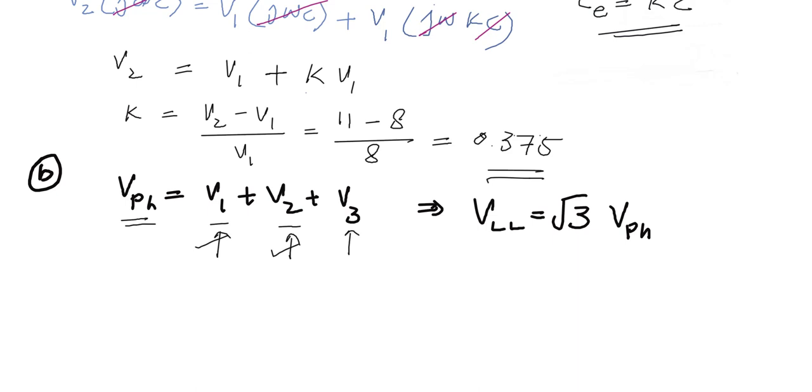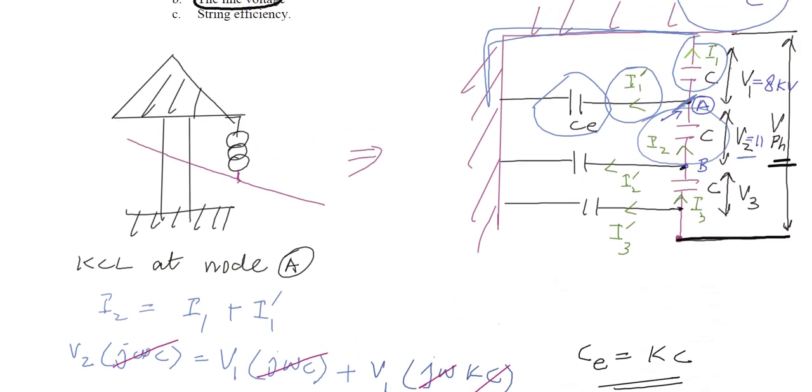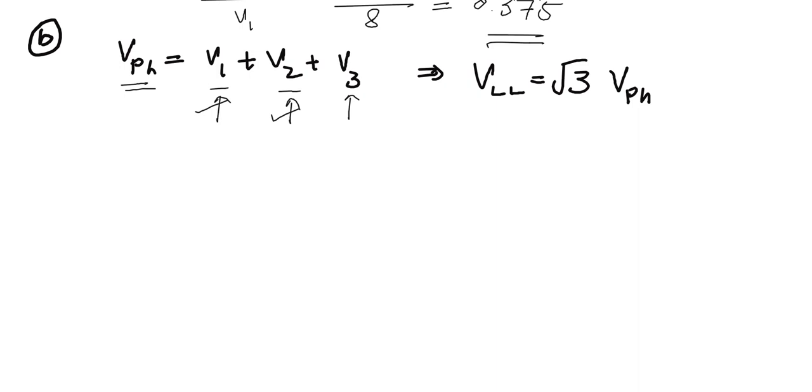In order to determine V3, we will apply KCL at node B. At this node, we will apply KCL again. So KCL here will be: I3 is the entering current at this node. So I3 will be equal to the sum of the leaving currents, which are I2 and I2 bar. So I3 is equal to I2 plus I2 bar.